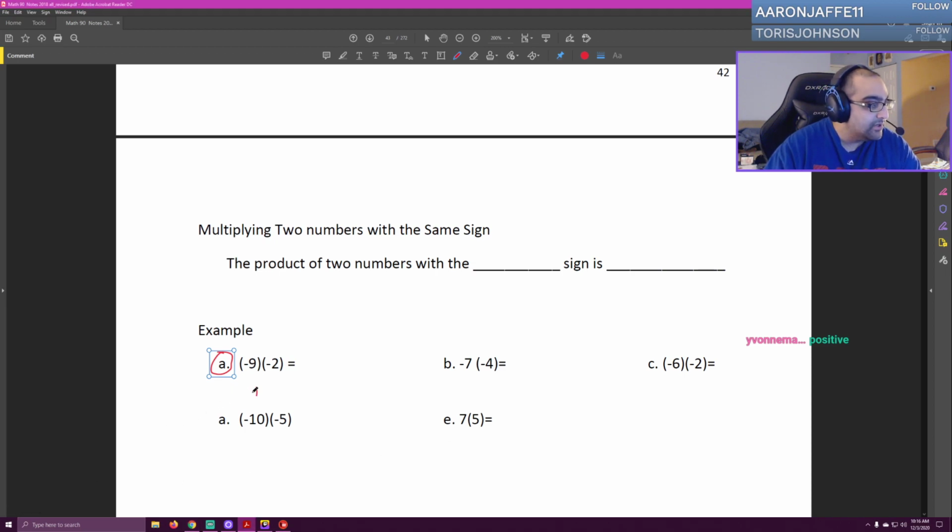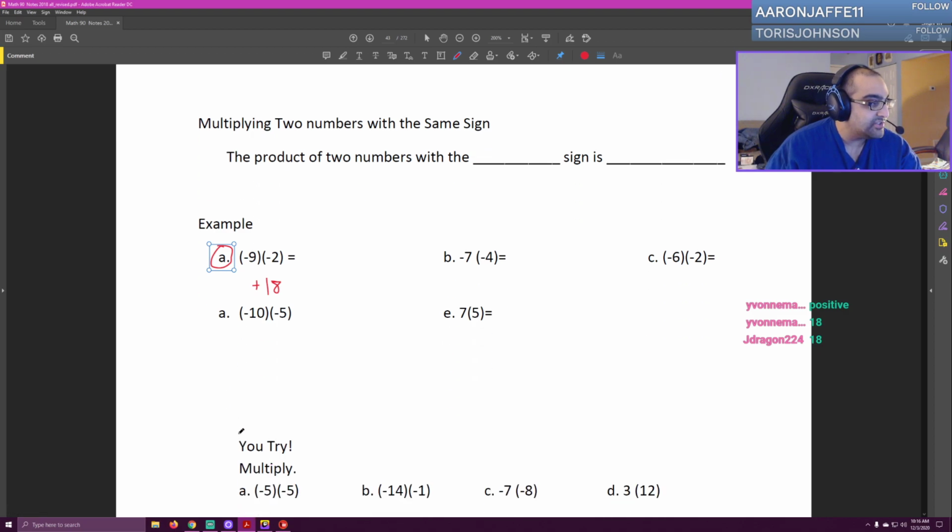Positive. Good. And then just take 9 times 2. Remember, 2 negatives make a positive here. So 9 times 2, 18. Good. Positive 18.